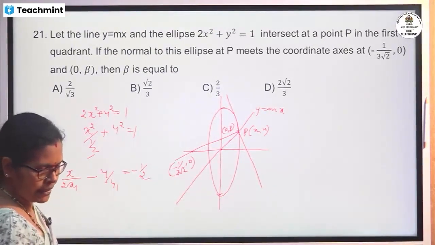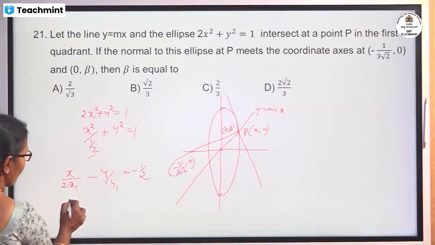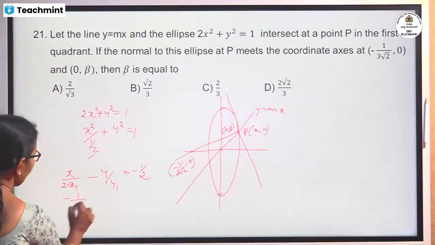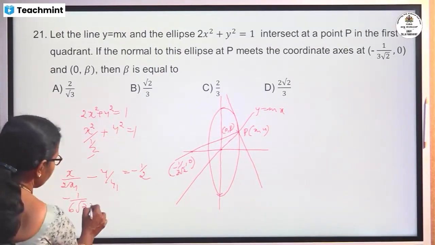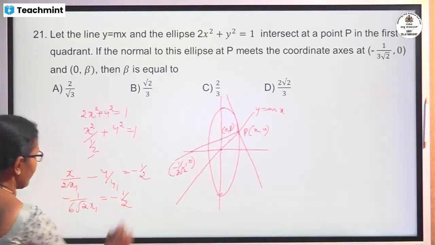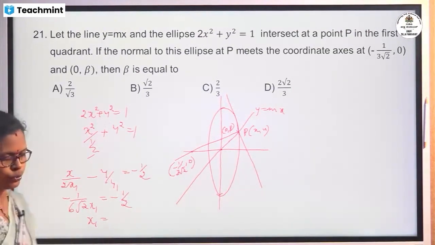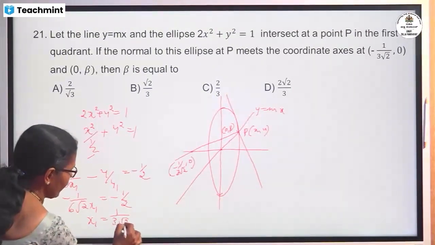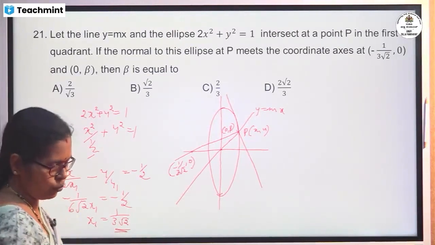Now it passes through the point 1 by 3 root 2, then we get minus 1 divided by 6 root 2 into x1 equal to minus 1 by 2, which implies x1 is equal to 1 by 3 root 2.